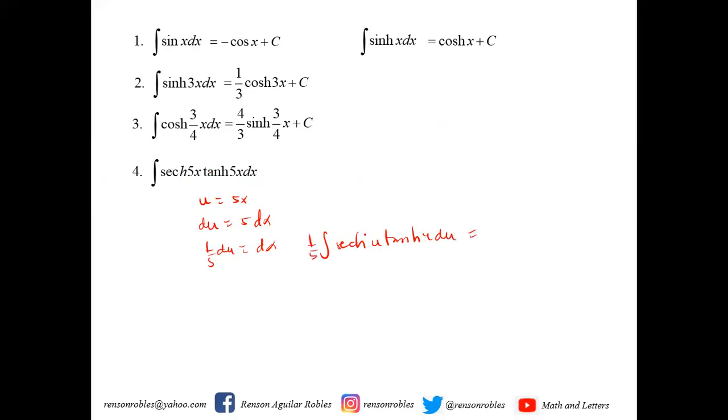And you know that the integral of sech u tanh u du is negative sech u. You just copy 1/5 in front, so that's negative sech u, and then you add c. Finally, the integral of sech 5x tanh 5x dx is negative 1/5 sech 5x plus c.